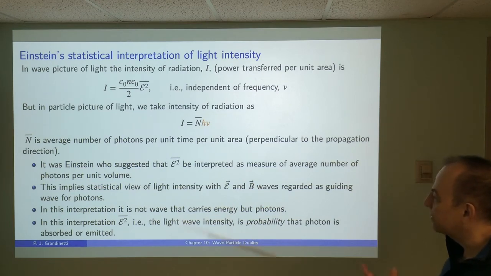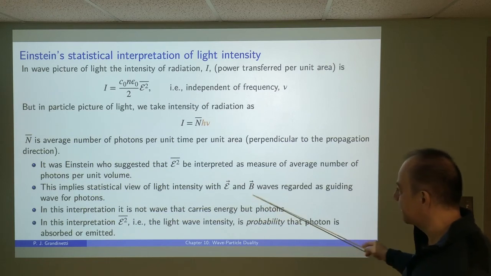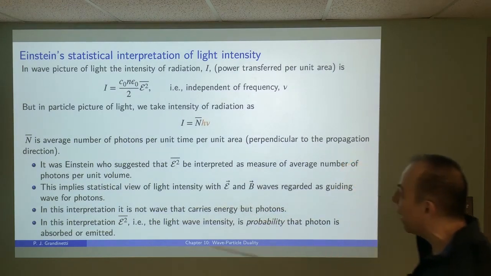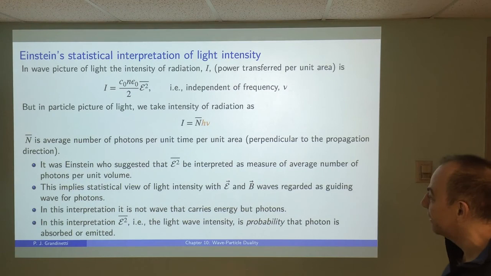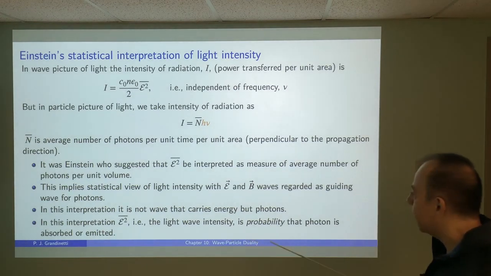So he took a statistical view: the light intensity, with these E field and B field waves, acts as some kind of guiding wave for the photons, and the wave intensity gives you a probabilistic interpretation, the probability that a photon is emitted or absorbed.